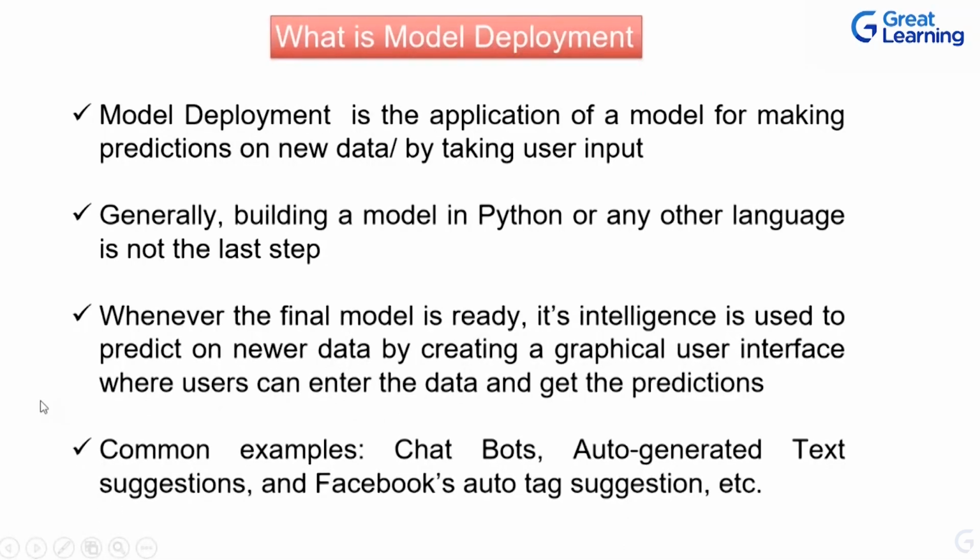Now, what really is done as far as the model deployment is concerned, what we require is a graphical user interface, right? Now, this graphical user interface could be developed either using a platform like Java or .NET or any other platform which an organization already has, or it could be built by using simple HTML pages.